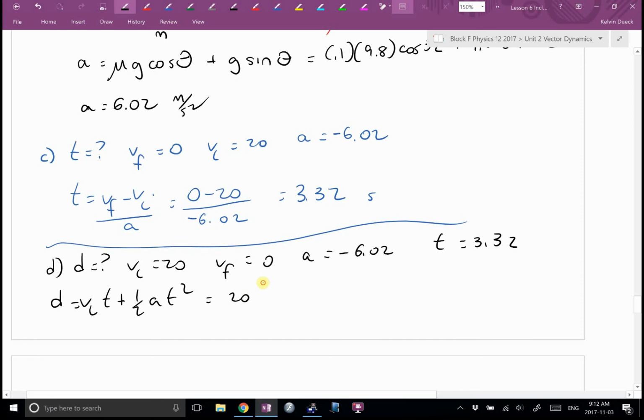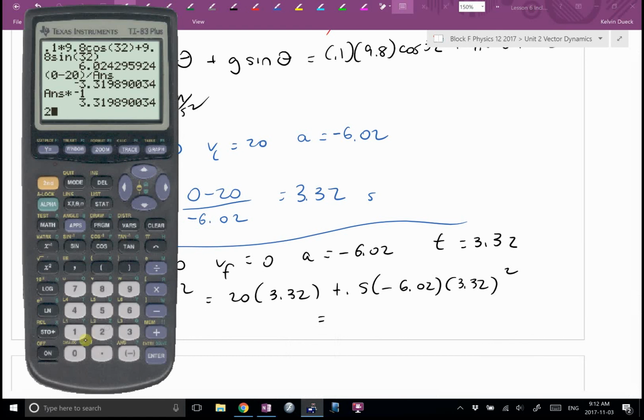It's going to be 20 times 3.32 plus 0.5 times negative 6.02 times 3.32 squared. So 20 times the answer button, plus 0.5 times negative 6.02 times the answer button squared.